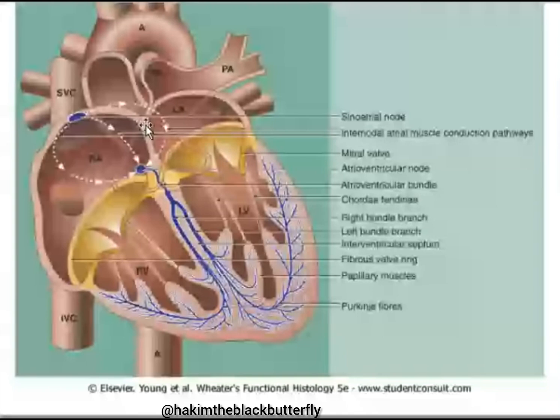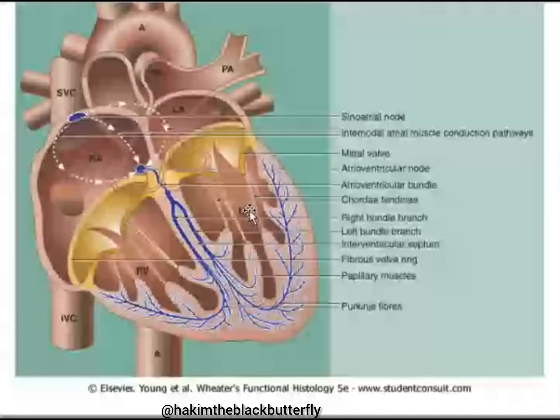That is why when the right atrium is contracting to push the remainder of blood into the ventricle, simultaneously the same thing is happening in the left atrium when it is contracting to push blood from the left atrium to the left ventricle. Remember, during diastole, blood is coming from the right atrium and the left atrium and is entering the right ventricle and left ventricle simultaneously.